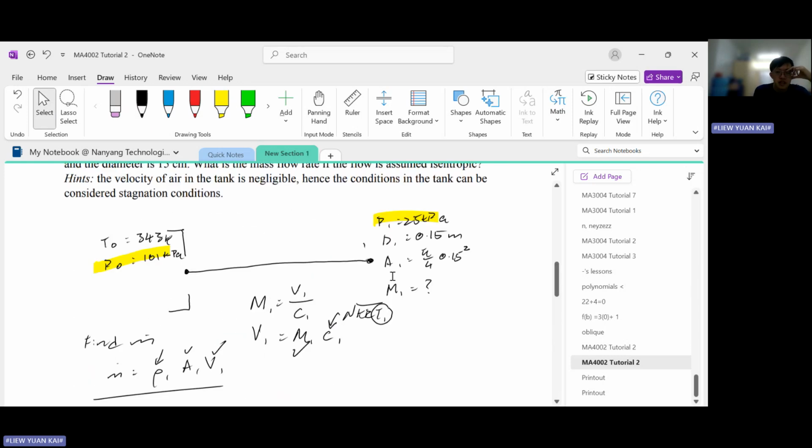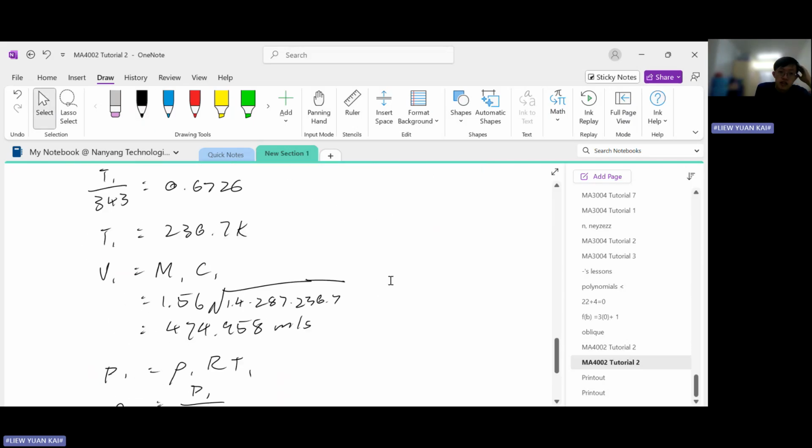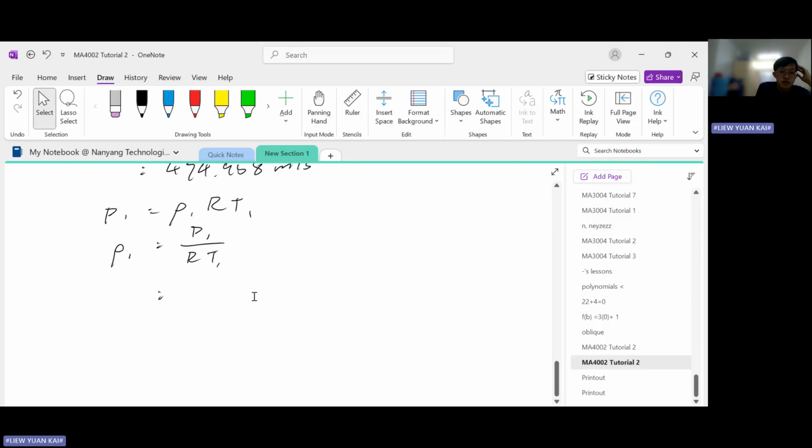P is given here, and T is what we found just now. Change kilopascals to pascals, so we have 25,000, and the temperature is 230.7. Punch this into your calculator and you should get 0.378.